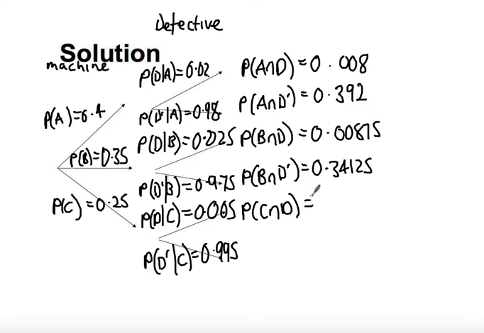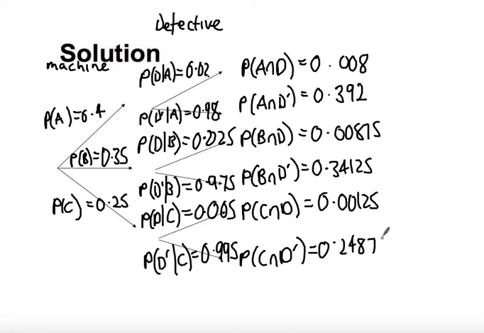Finally, the probability of it coming from C and being defective: 0.25 times 0.005 gives me 0.00125. And finally the probability of C and it not being defective comes out as 0.25 times 0.995, which gives us an answer of 0.24875.